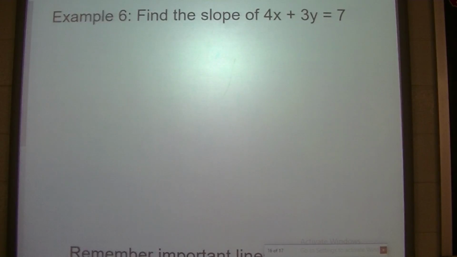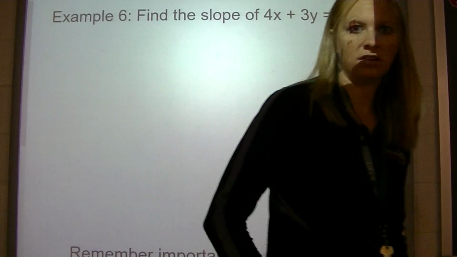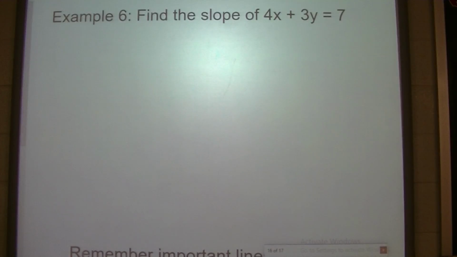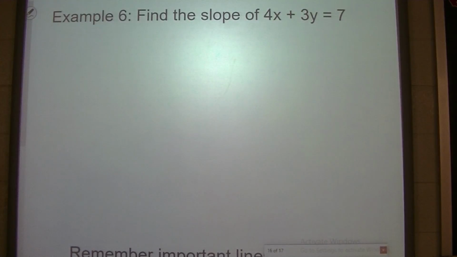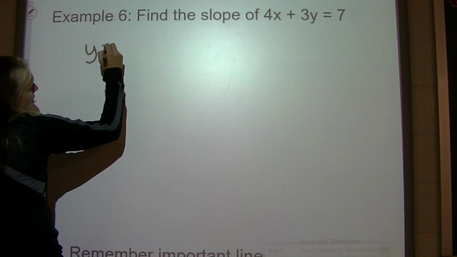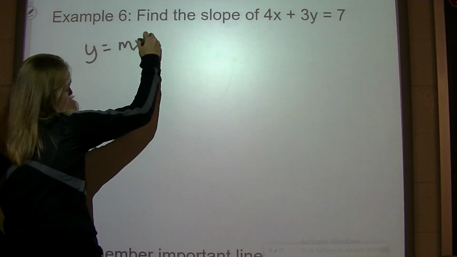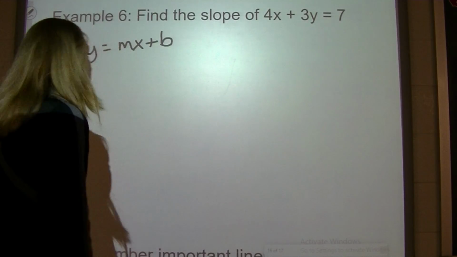Okay, here, find the slope of 4x plus 3y equals 7. Okay, so in this, we're not given points, so how do we find the slope? Well, remember, we haven't just talked about it, but you've learned this forever, y equals mx plus b, that slope-intercept form.